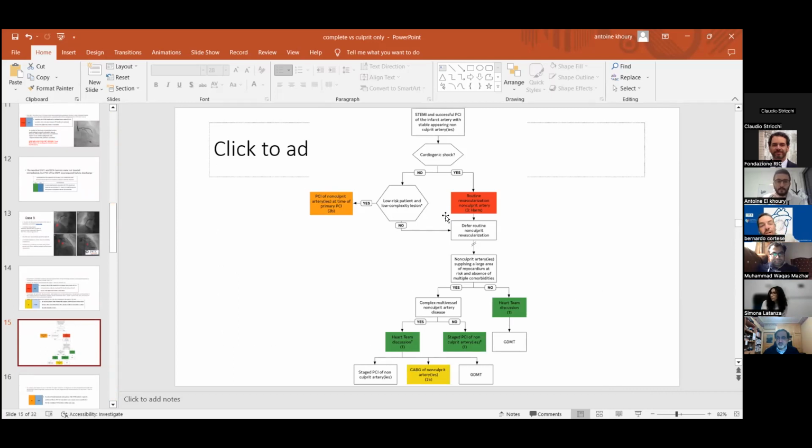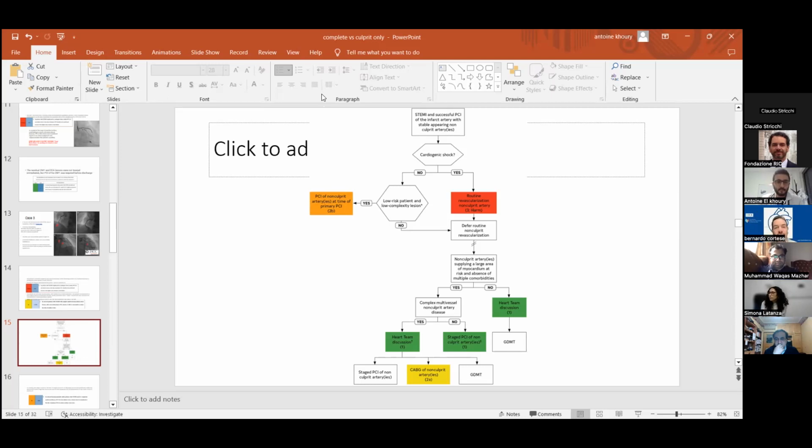For example, for the Transform 2 study that you know very well, we suggest that one of the possible settings is that since you already know the anatomy of this patient, you may decide to randomize the patient during the completion of the revascularization after a few days.